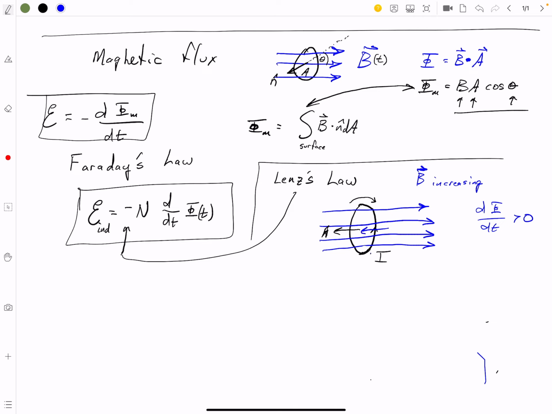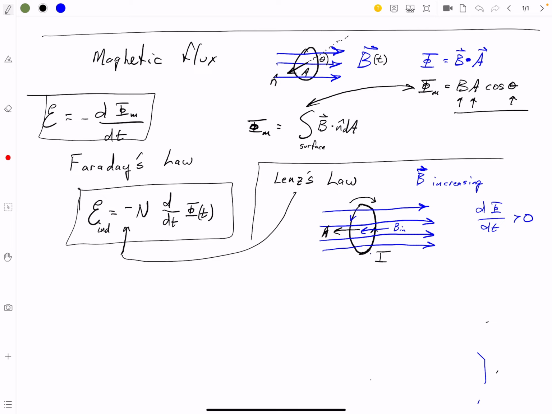This is our induced B. B induced, okay? It has to oppose that increasing B, okay? So this is our induced. We're going to come down on this side. On this side close to us, we're going up. On the far away side, we're going down.